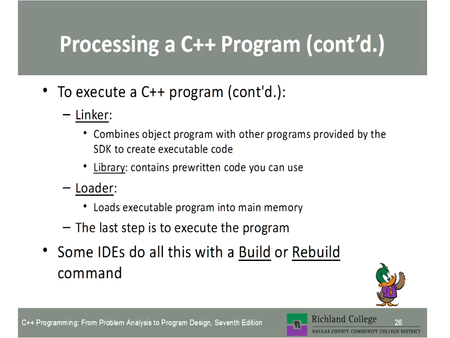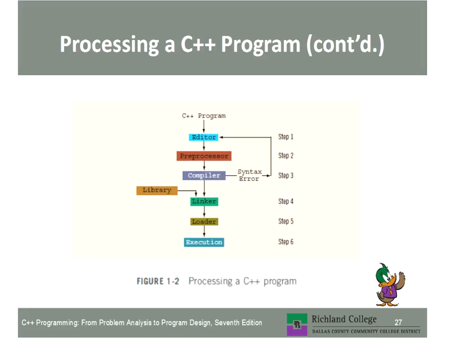Okay, so the IDE does all this with a build and rebuild command. So for you guys, you just press the green triangle, and the green triangle did all this behind the scenes. The only thing you had to do is write the source code, and the source code was simpler than an assembly language, so it's more human friendly.